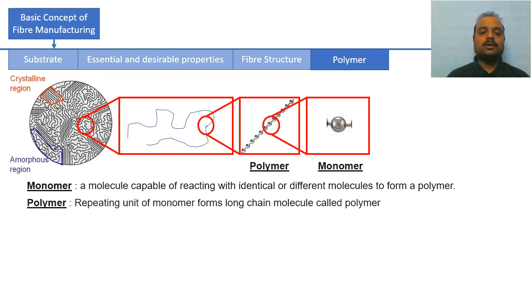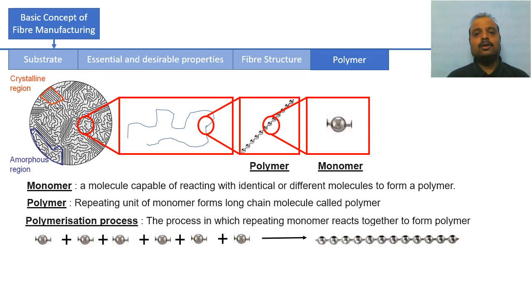A polymer is nothing but a repeating unit of a monomer forming a long chain molecule. A repeating unit of a single molecule, and when they combine together, they react with each other and form a long chain, and that long chain is called a polymer.